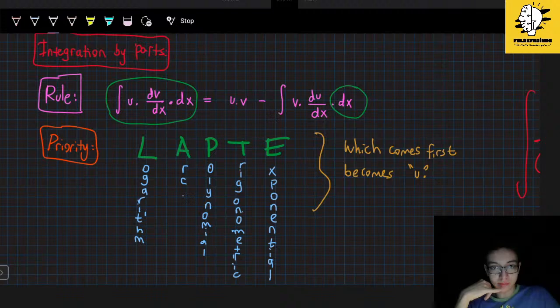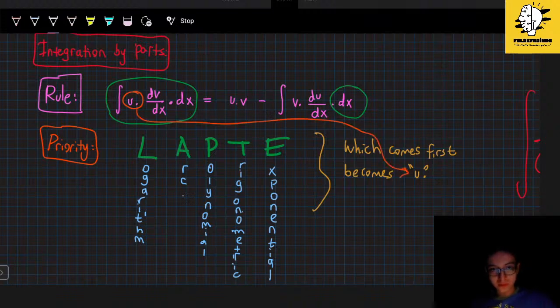The third one is polynomial, the fourth is trigonometric, and the last one is exponential. Whichever comes first becomes the function u that you see here.